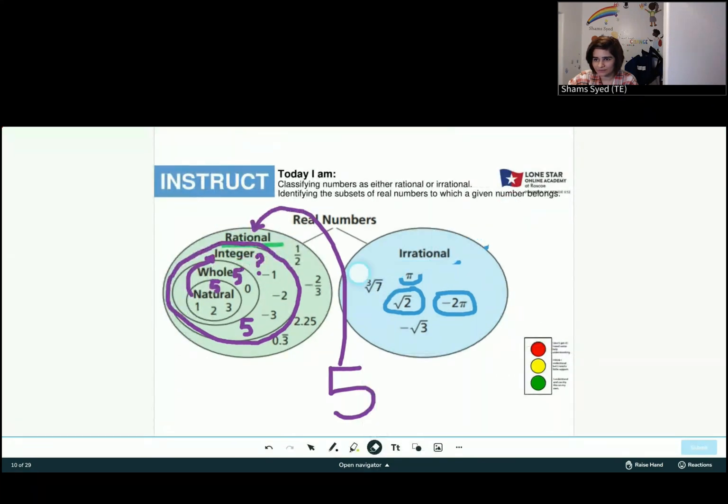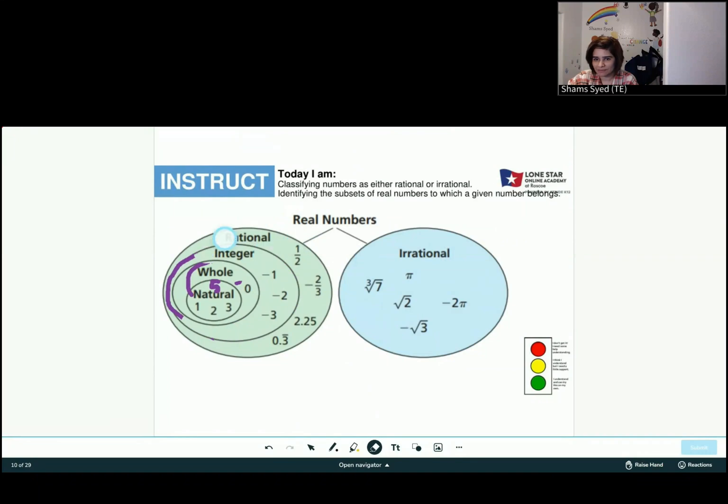The only time the Venn diagram is two separate circles is when we talk about rationals versus irrationals, the opposites. Then there are two separate circles. Notice my math Venn diagrams are not partially overlapping.